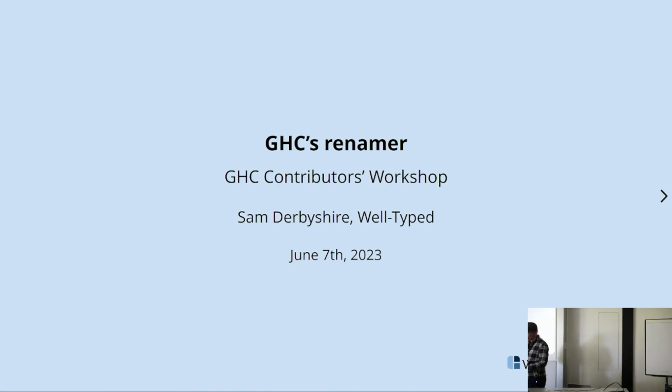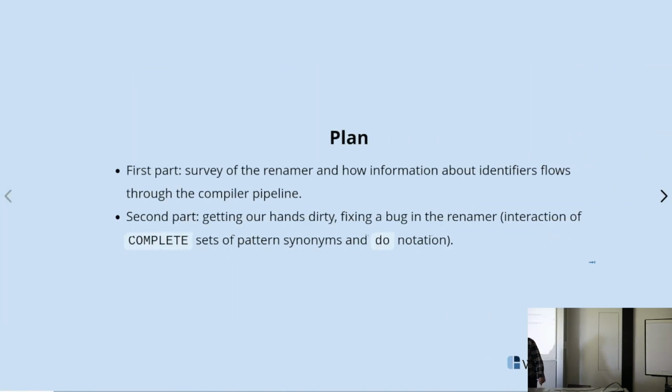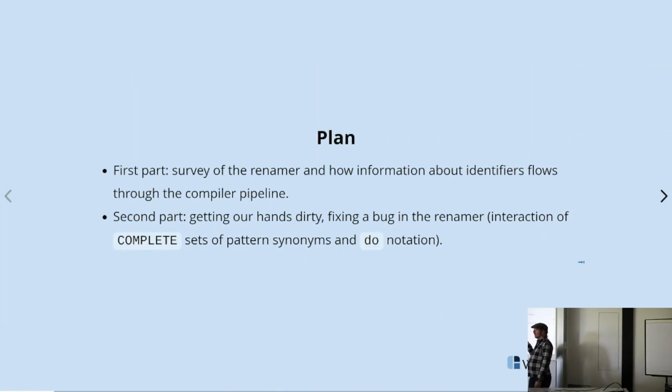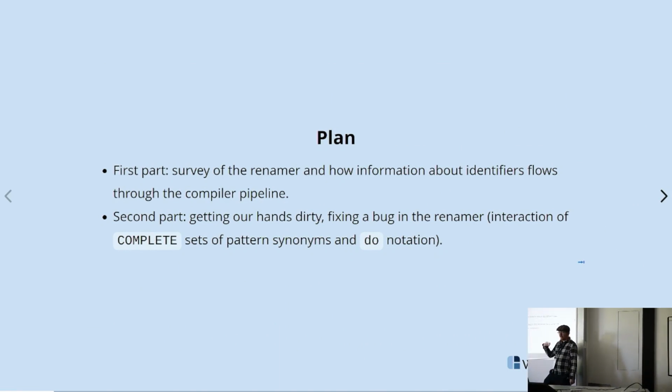I'd like to start off explaining what we're going to do. In the first half, I'm going to give you an overview of the Renamer and all the types you're going to need to know, just to give you enough background. Then in the second half, we're going to try to fix a bug, but it's going to be more interactive, because I'll show you how to start navigating around the code base.